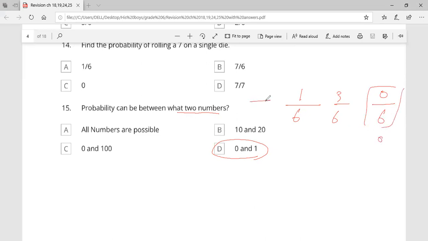And maybe 6 out of 6, because if you take numbers less than 7, we get 6 out of 6, and 6 out of 6 is 1. This means that all probability is between 1 and 0. Next one.